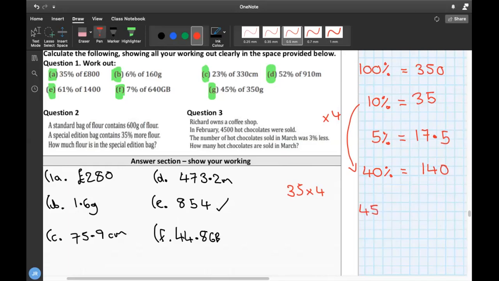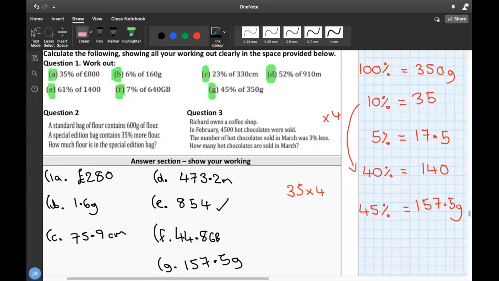So the final step would be to add our 40% value to our 5% value, and we'd get 157.5 grams. Our units were in grams initially, so our units will be in grams for our final answer. So that was G, 157.5 grams. Okay, so that was all of question 1. We're now going to move on to question 2.